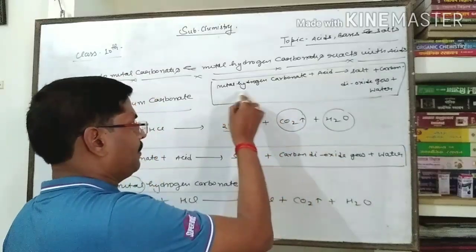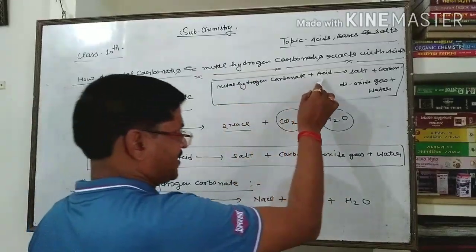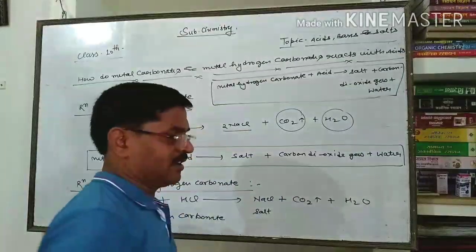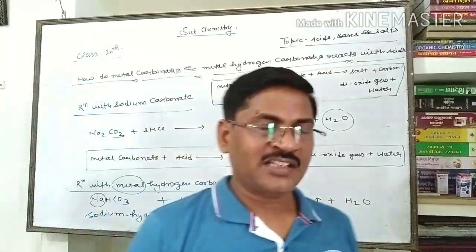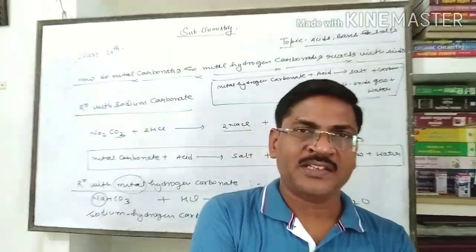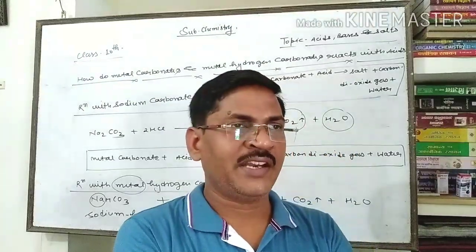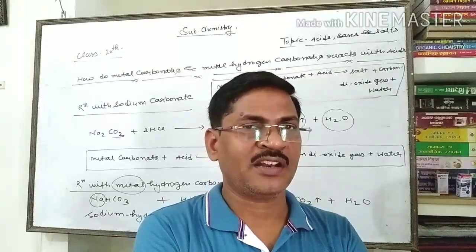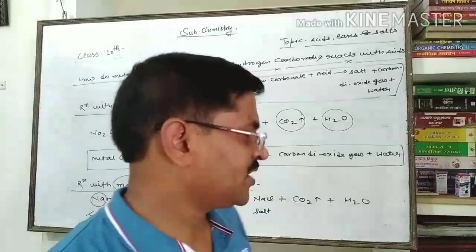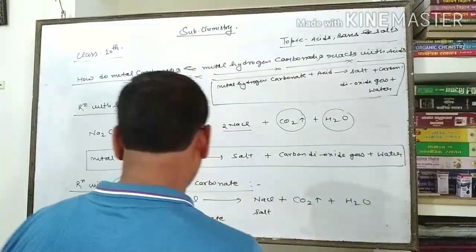In words, metal hydrogen carbonate plus acid gives salt, carbon dioxide gas and water. In this way you understand that when metal carbonates and metal hydrogen carbonates react with acids, both liberate CO2 gas with formation of water and the respective metal salt. After that, I am going to discuss some important points about it.